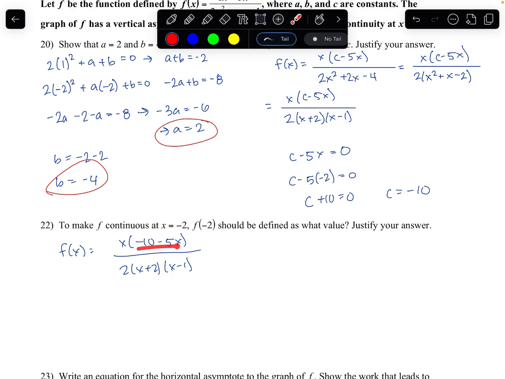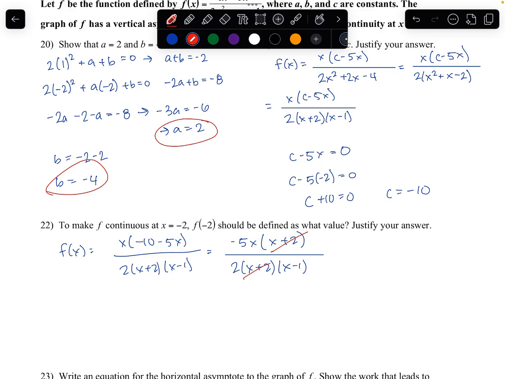I have to factor out a negative 5 in order to get those factors to be the same. So I factor out a negative 5, and that will become negative 5x. So if I factor out a negative 5 from both these terms, this becomes positive x. If I factor out a negative 5 from here, that becomes plus 2 over, now we have 2 times x plus 2 times x minus 1.